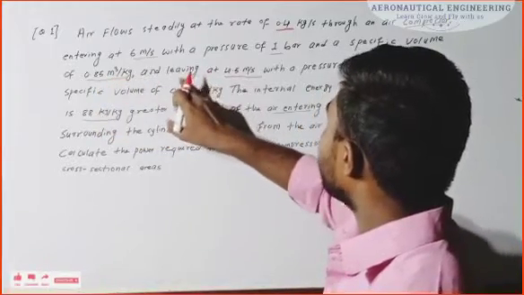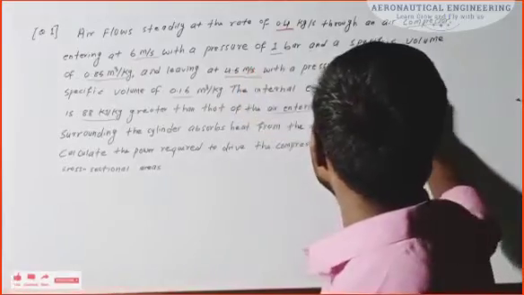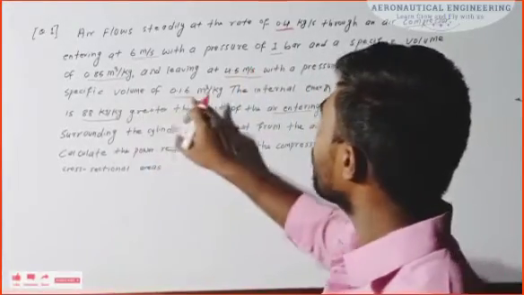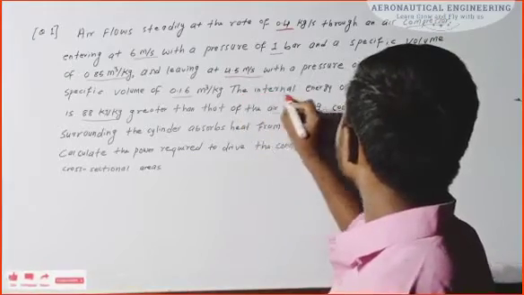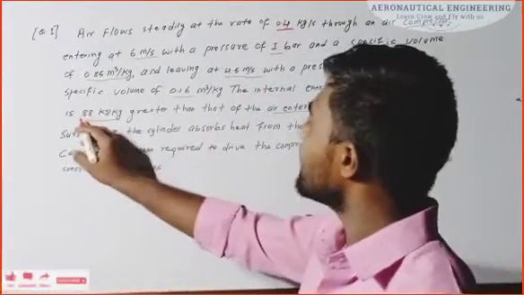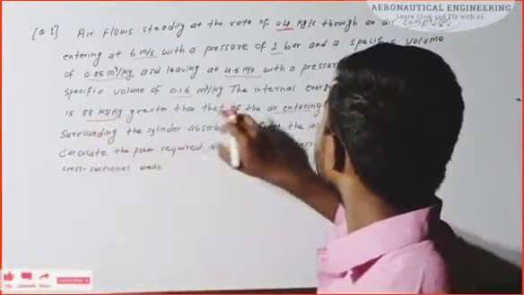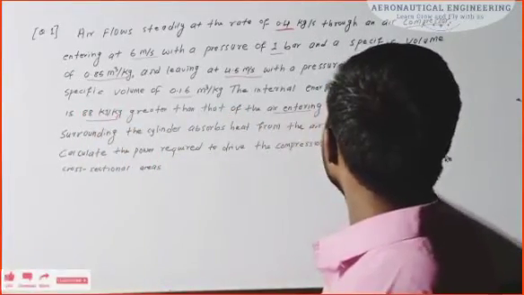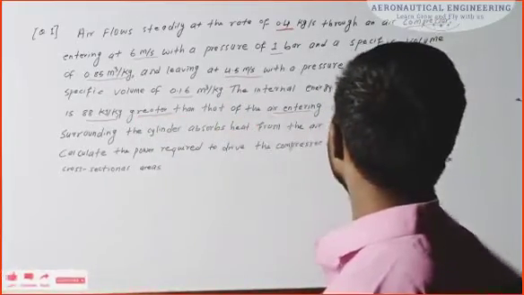For the outlet condition, velocity V2, pressure P2 and specific volume v2 are given. And here is the condition: the internal energy of the air leaving is 88 kilojoule per kg greater than that of the air entering.